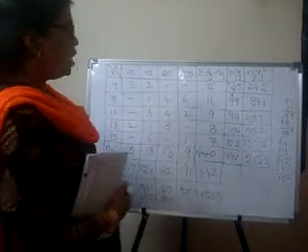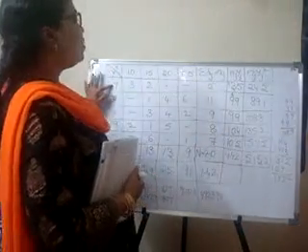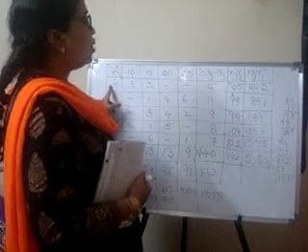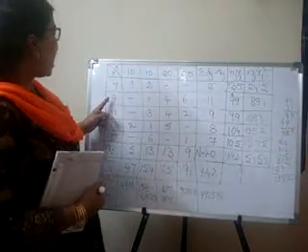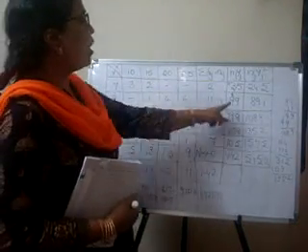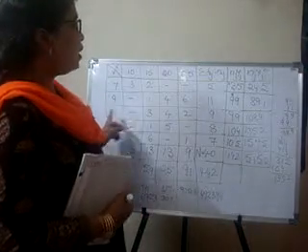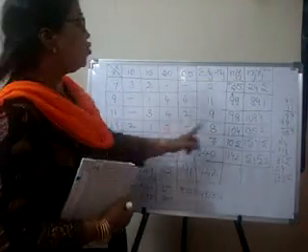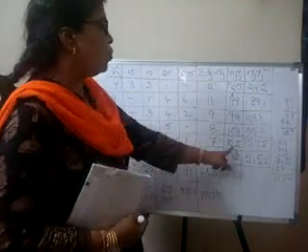Next what we have done, nj's are this into yi square. You square this and multiply. So 7 square is 49. 49 5s are 245. Then 81 into 99. You get this value. 121 into 99. 169 into 104. 225 into 105.